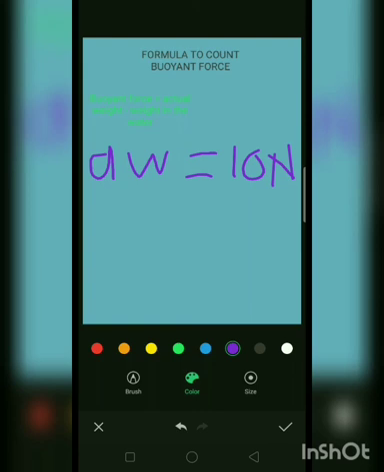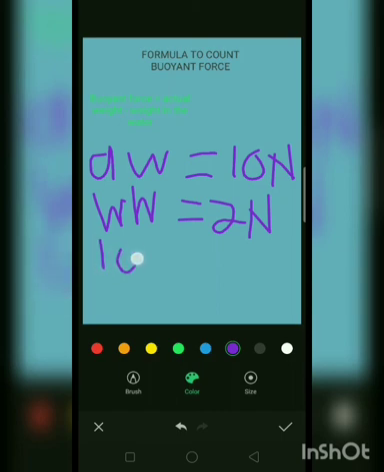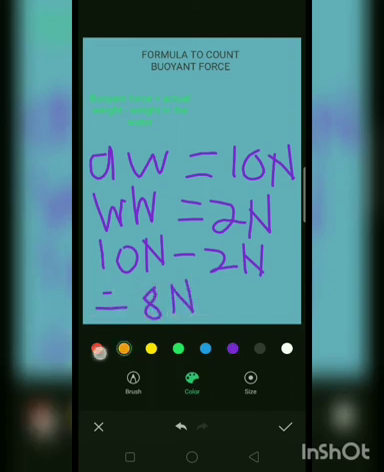And when we put the weight machine in the water and put the object on it, it is 2 Newton. So you minus 10 Newton with 2 Newton, and it will be 8 Newton. So this is the buoyant force.